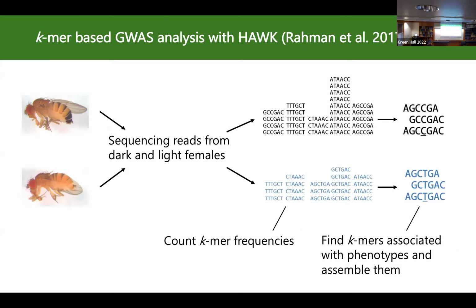Computationally, we chopped the sequence reads into k-mers and counted the k-mer frequencies. After that, we found k-mers associated with the phenotype and assembled them, so the region associated with the dimorphism was identified in the nucleotide sequence.